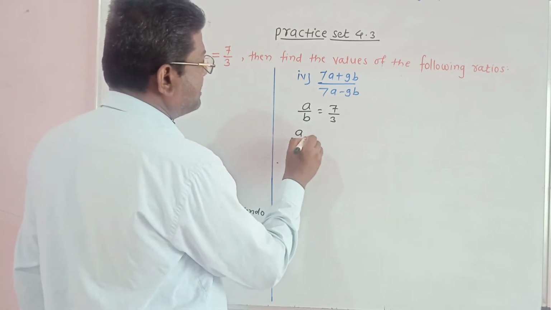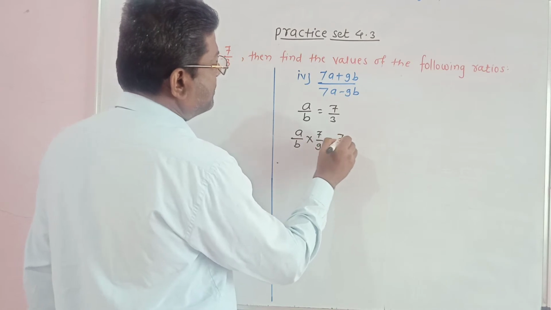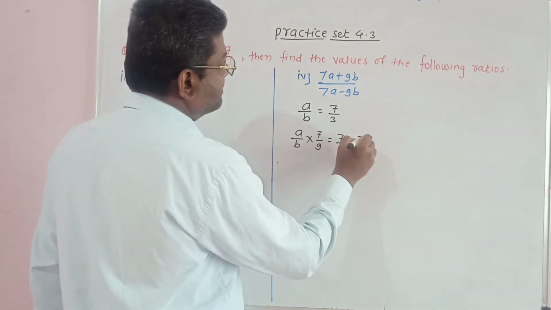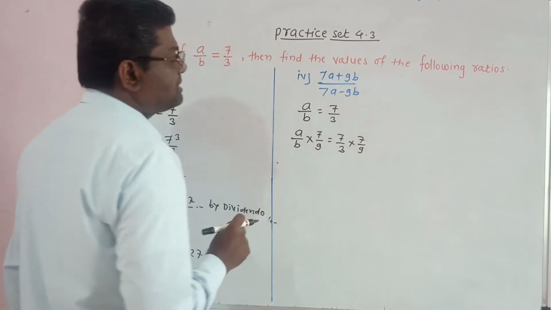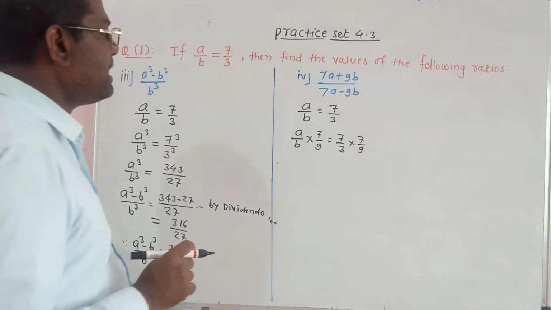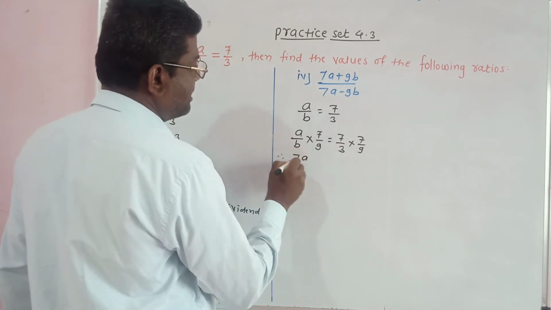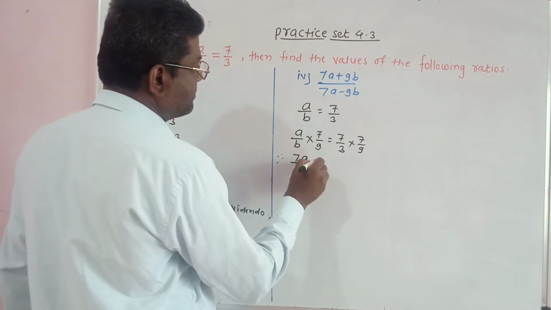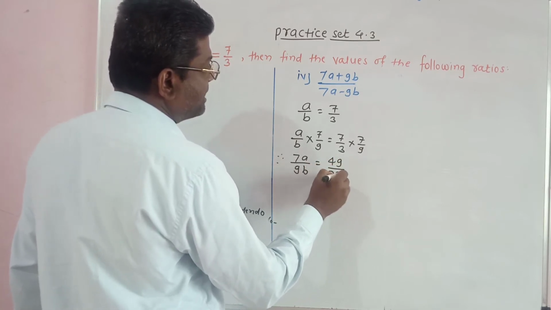So we multiply by 7 upon 9 on both sides of this equation: 7 upon 3 into 7 upon 9. Therefore, it will be 7a upon 9b is equal to 7 7s are 49 upon 27.